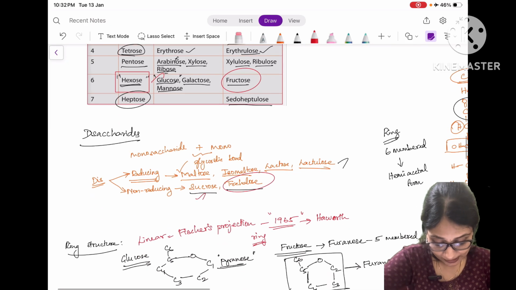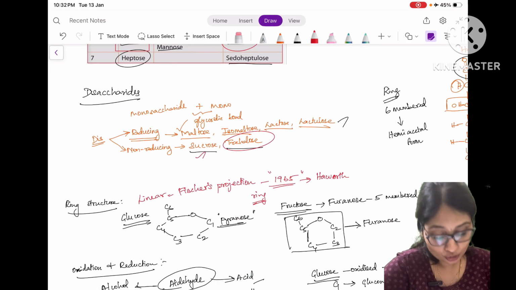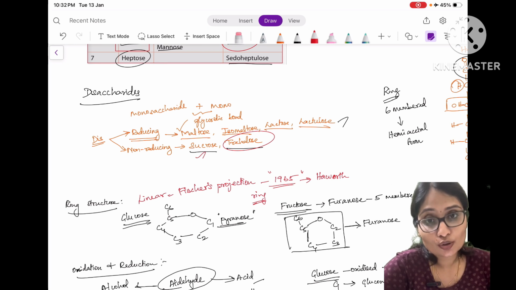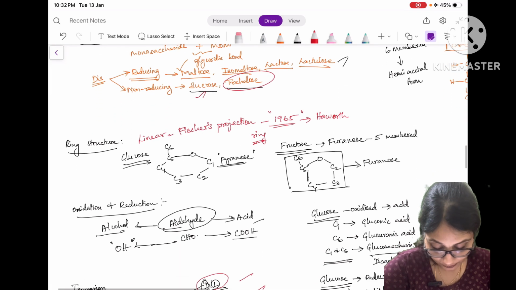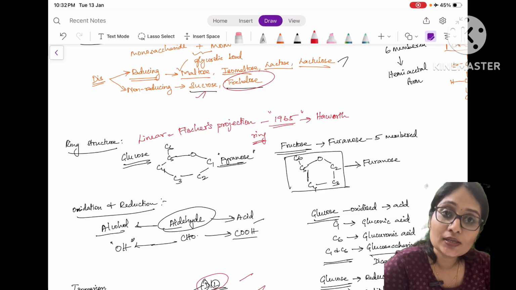Fine. Then we also saw the ring structures of glucose and fructose. Glucose exists in a pyranose ring, fructose exists in a furanose ring. The glucose pyranose ring is 6-membered, whereas the fructose furanose ring is 5-membered. Then we looked at oxidation and reduction of glucose. If C1 gets oxidized, we get gluconic acid.